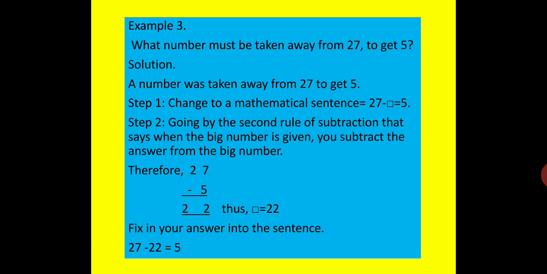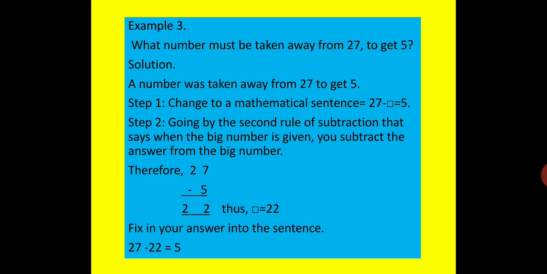And so it will be represented like this: 27 minus box equals 5. Step 2. Going by the second rule of subtraction, that rule says when the big number is given, what do you do? You subtract the answer from the big number.